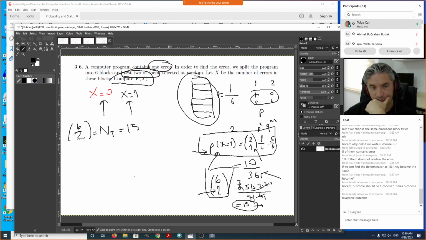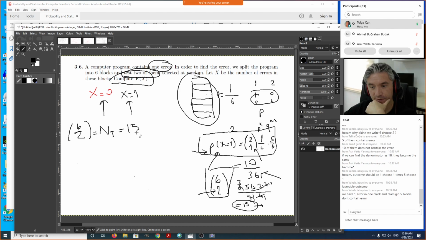This is the total number of outcomes, where we have selecting 2 things. The total number of outcomes is here. The favorable, we have 1 error, and the remaining 5 blocks don't contain any error. So in that case, the favorable outcome is 6 choose 1, right? If one of them contains the error.